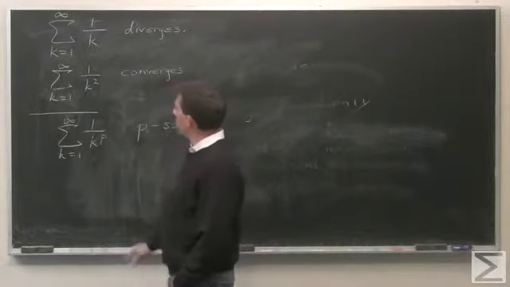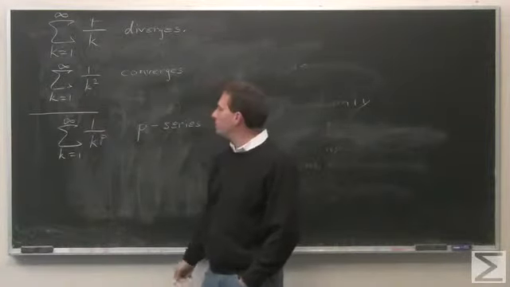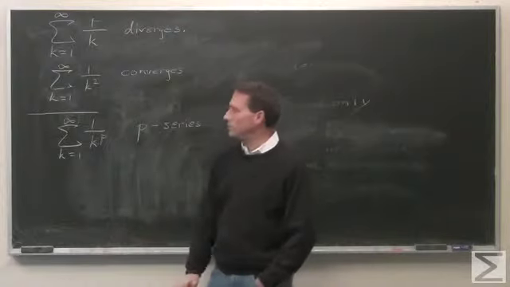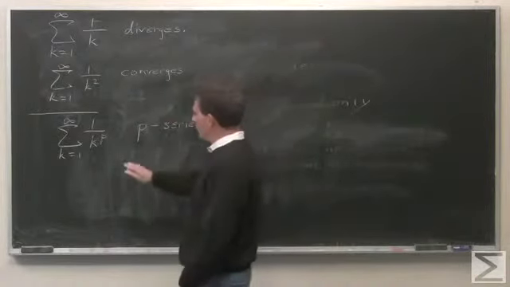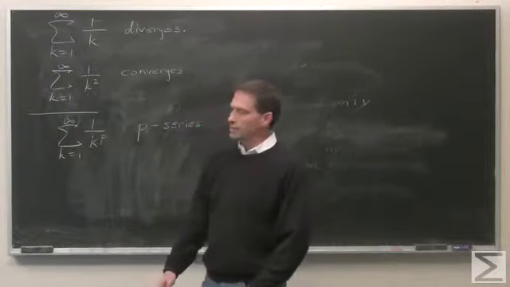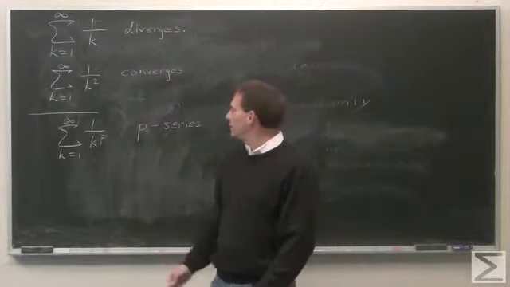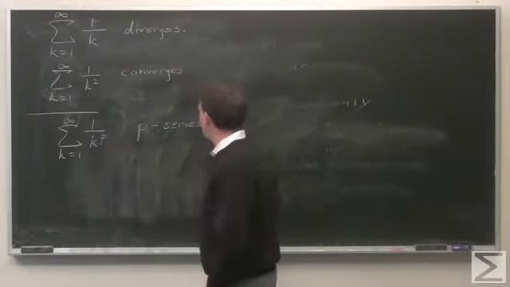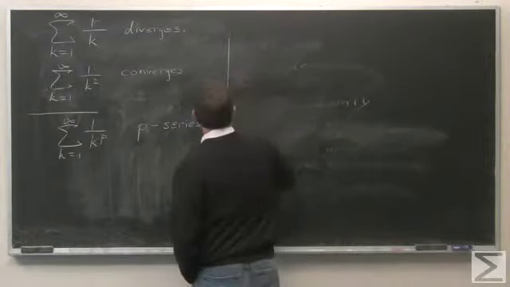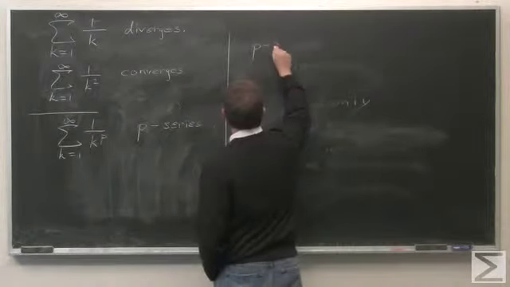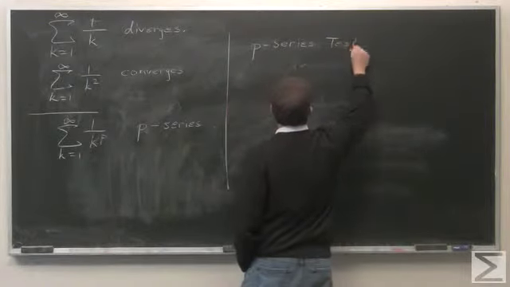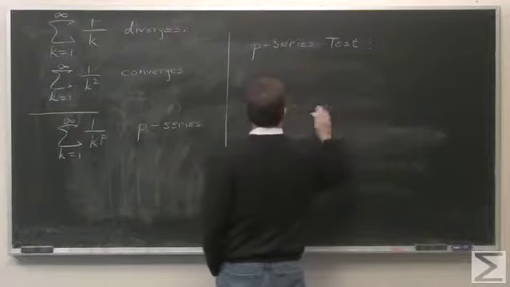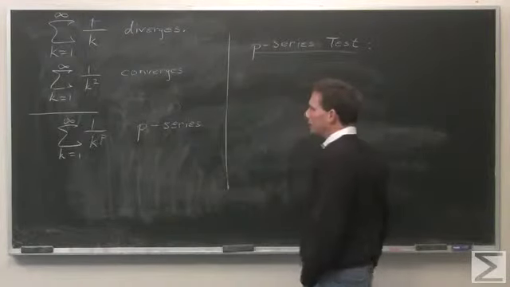This is a p-series, and we would say when p is 1, the p-series diverges. When p is 2, the p-series converges. The question is, can you say what happens for every p? And you can just do the integral test on 1 over x to the p. And what you'll find is what's usually referred to as the p-series test. It's easy. I'll just leave it as an exercise for you because all you do is the integral test.